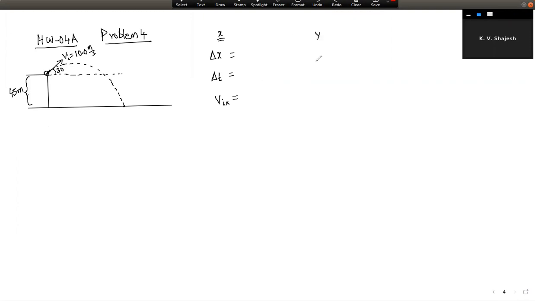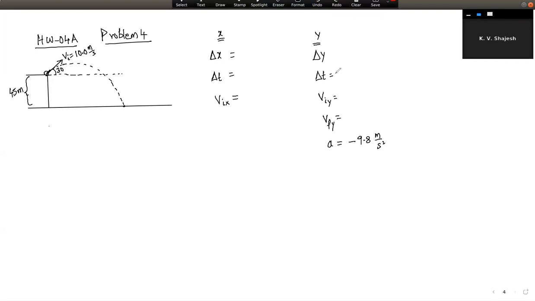These are the parameters that are typically of interest in projectile motion: v initial in the y direction, v final in the y direction, and acceleration due to gravity, which is minus 9.8 meters per second squared, where we have chosen the positive direction to be upward vertically, and positive in the horizontal direction to be to the right.